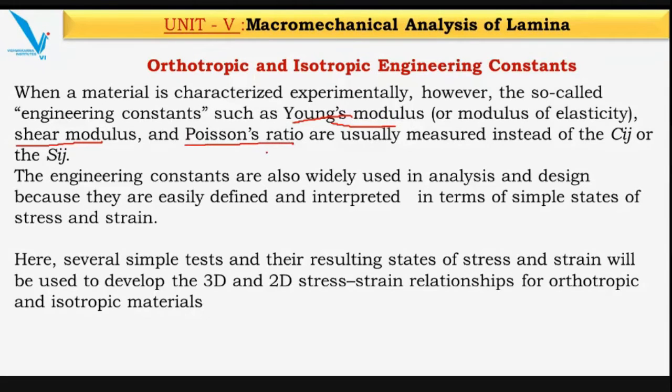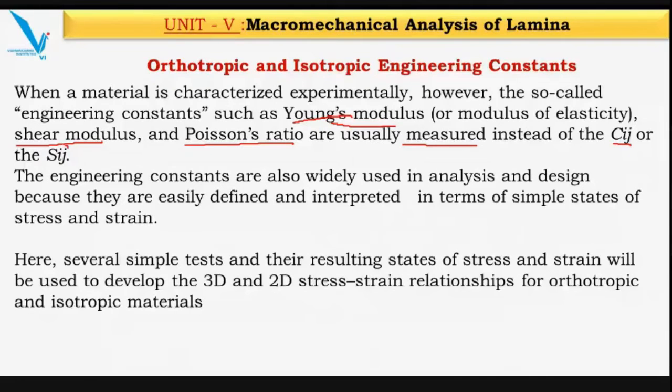When a material is characterized experimentally, the so-called engineering constants such as Young's modulus, shear modulus, and Poisson's ratio are usually measured through physical testing instead of Cij or Sij.